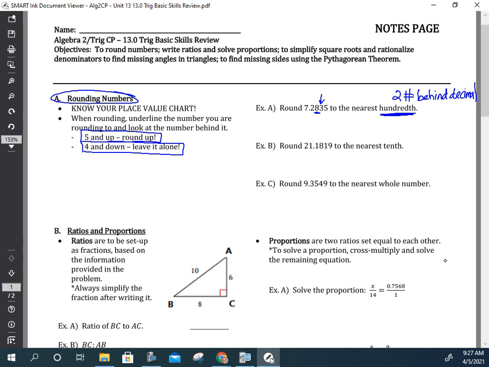The number behind it shows you what you need to do. That 3 is 4 and below. 4 and down means you leave it alone. So this 8 doesn't change. Your rounded answer is 7.28.